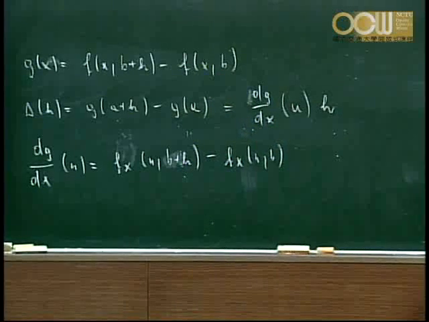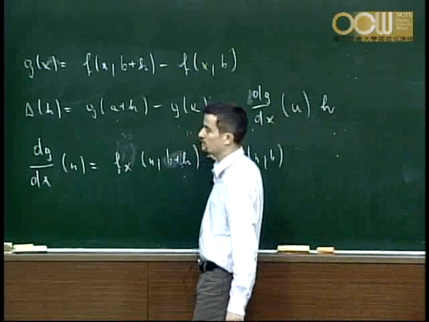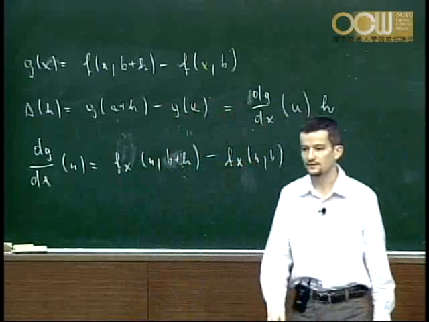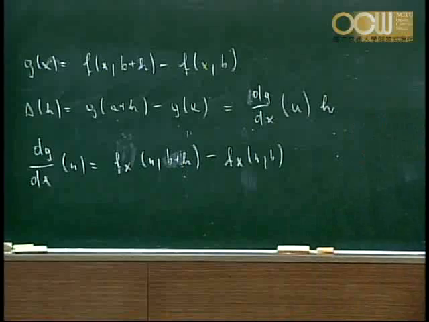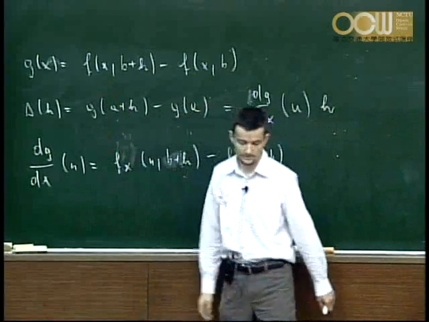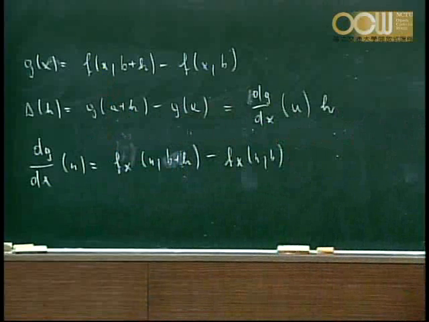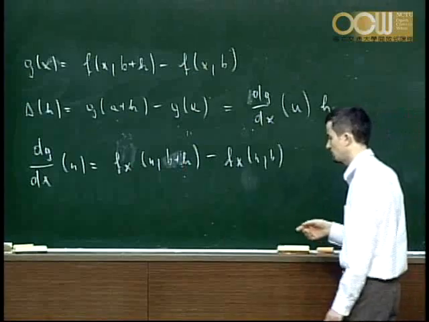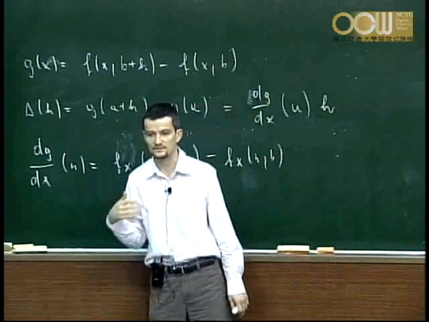Okay. The reason why we are allowed to apply the mean value theorem is that you need this function to be continuous and differentiable. This follows from the fact that we know that for the original function f, the partial derivatives with respect to x and with respect to x and y exist and are continuous, and the partial derivative with respect to y and x also exists and is continuous.